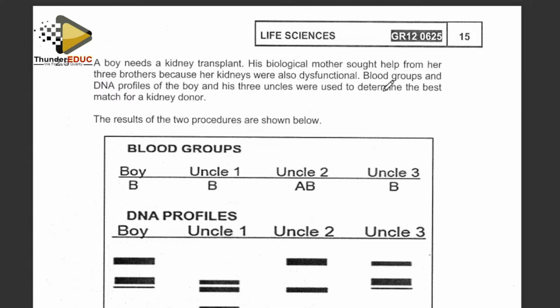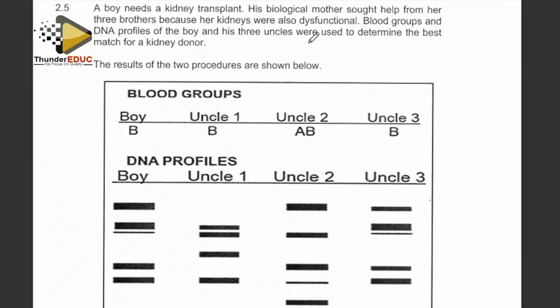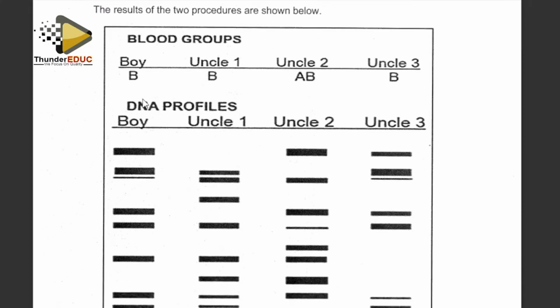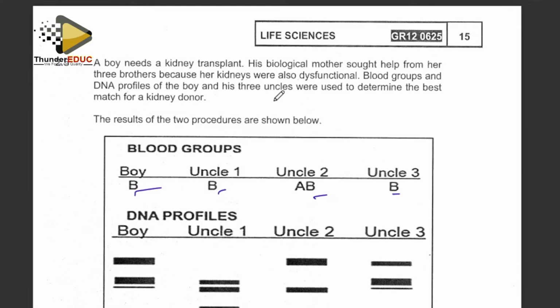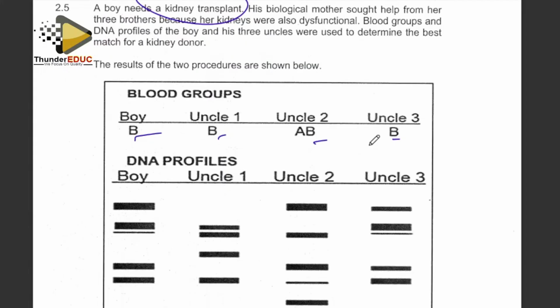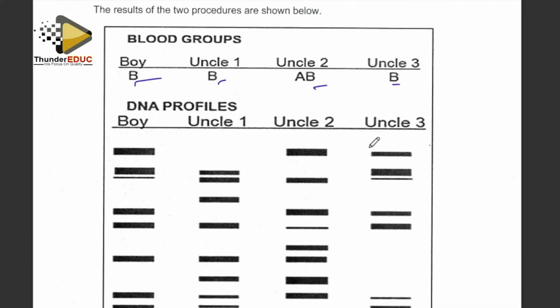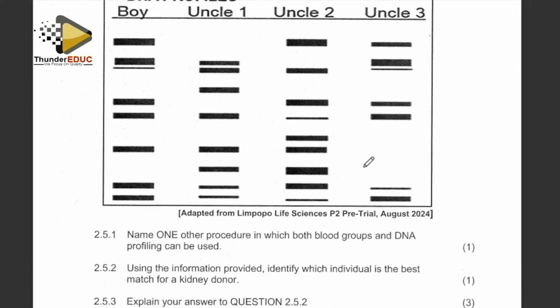The boy needs a kidney transplant, and the boy is blood group A, uncle one is blood group B. Here we are looking for organ transplant, that is the kidney, so you cannot talk about organ transplant as the other procedure.